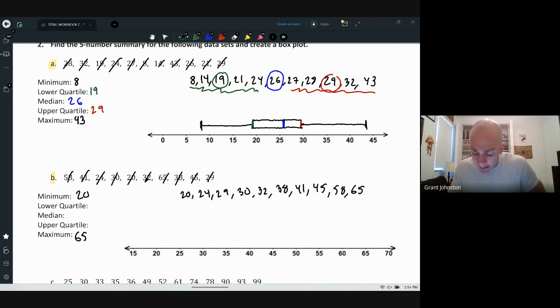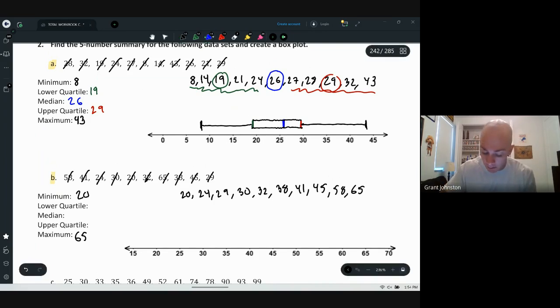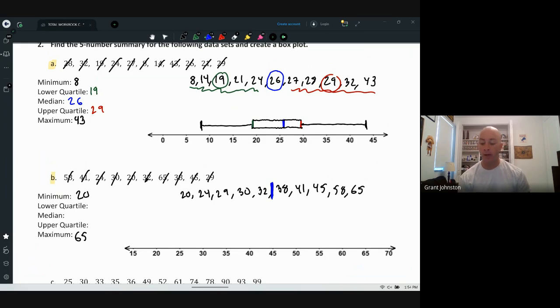The median, okay, so this is why I wanted to do this one for you, because the median is kind of two numbers. There's no number right in the middle. The median would actually be between 32 and 38, because the two middle numbers would be 32 and 38. There's not a singular middle number.